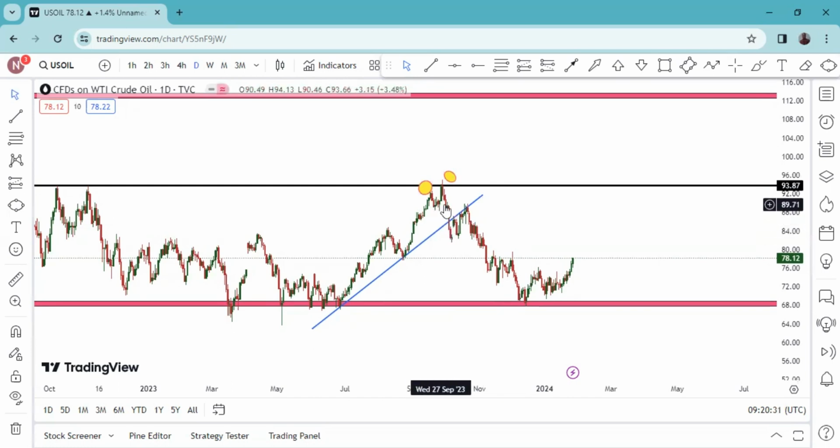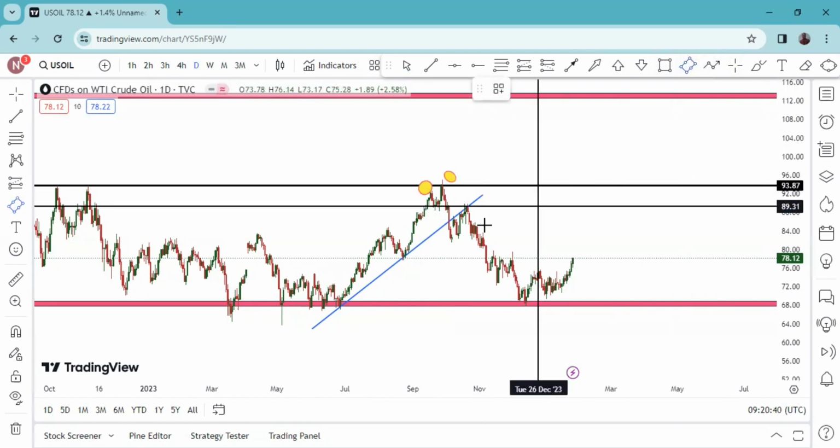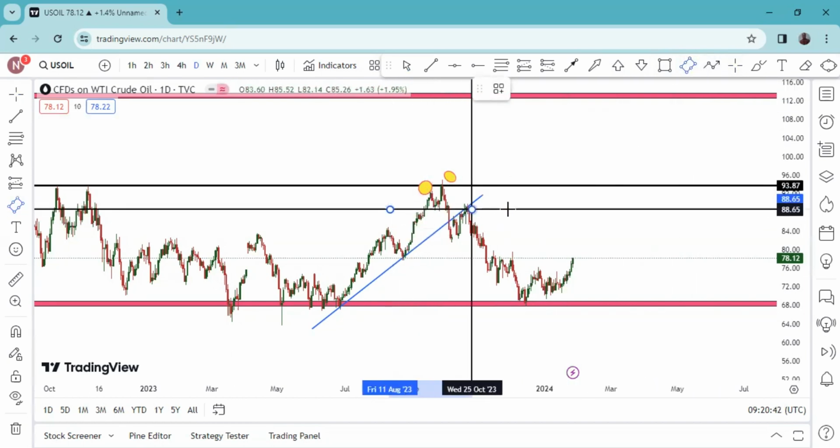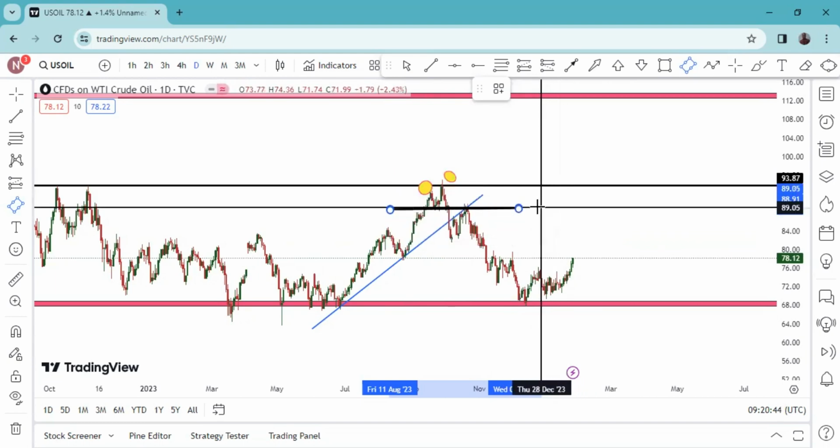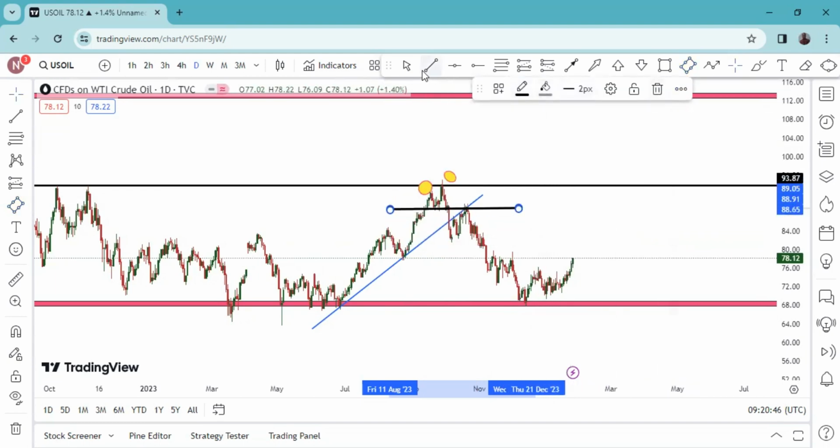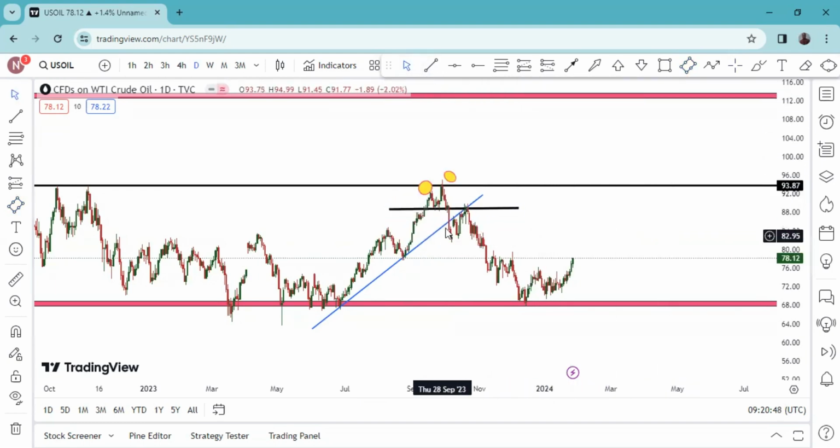So this was the neckline. Then I drew my straight line on the neckline. Then the market broke.